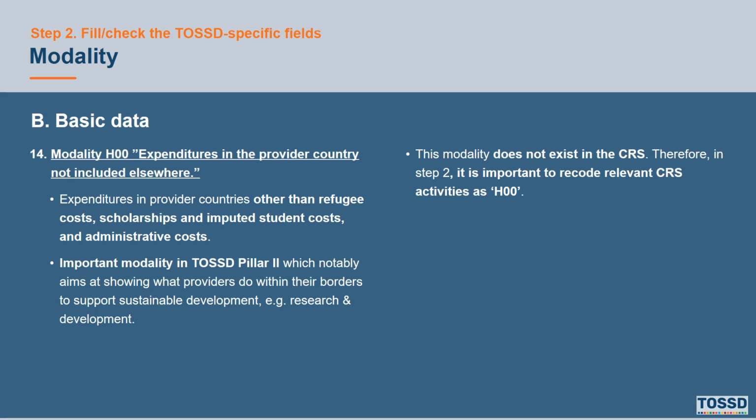This is an important modality in TOSSD Pillar 2, which notably aims at showing what providers do within their borders to support sustainable development, for example, research and development. Please be aware that this modality does not exist in the CRS. Therefore, in Step 2, it is important to record relevant CRS activities as H00.